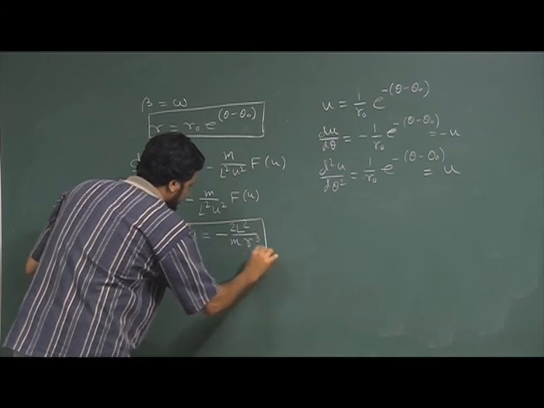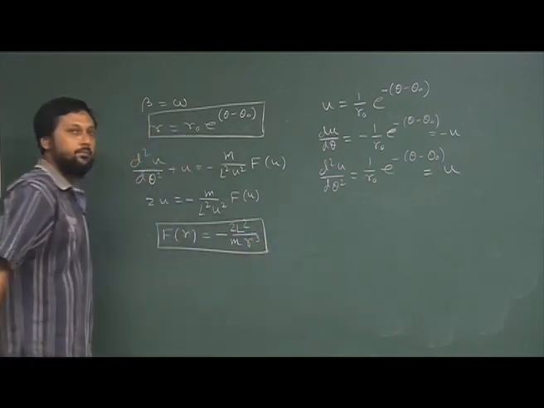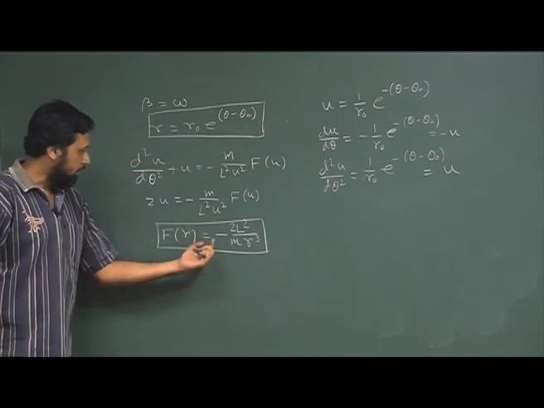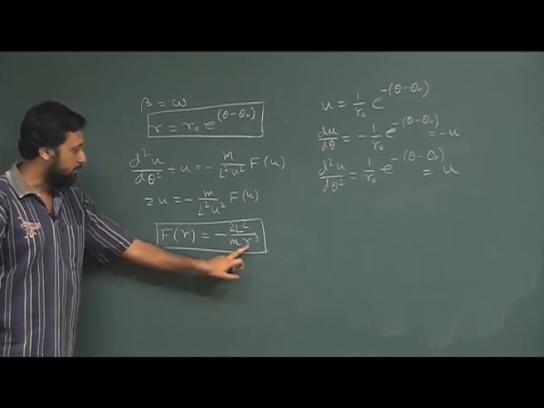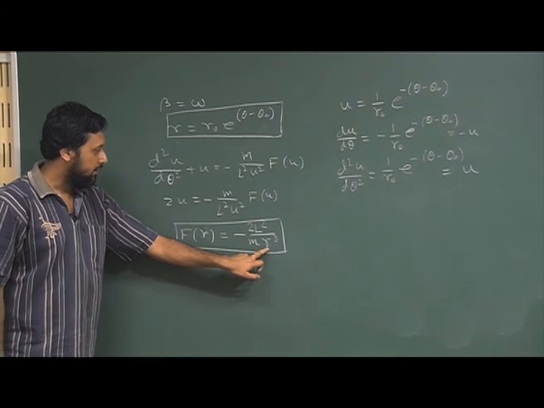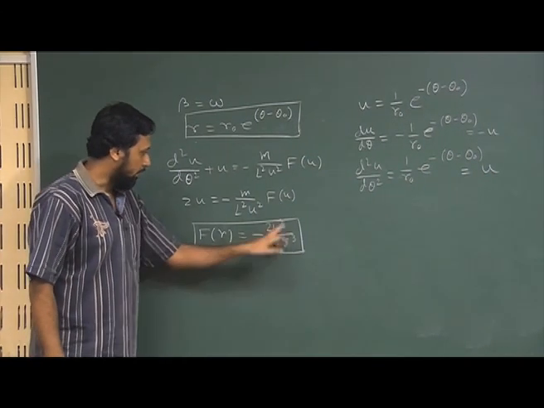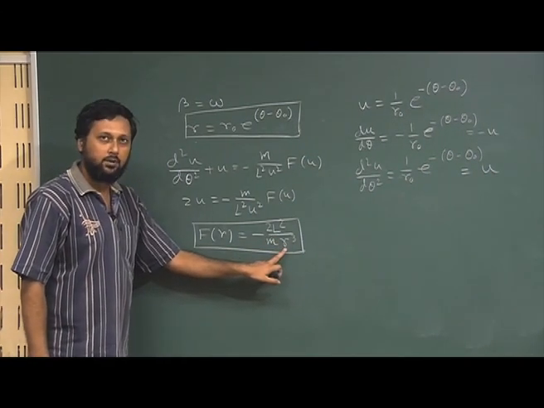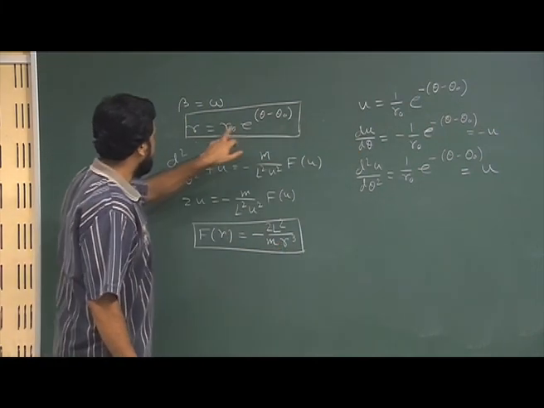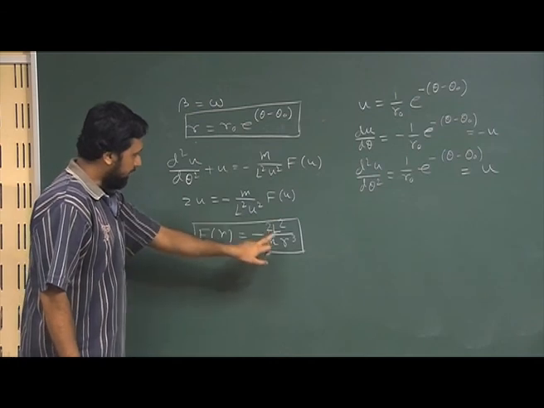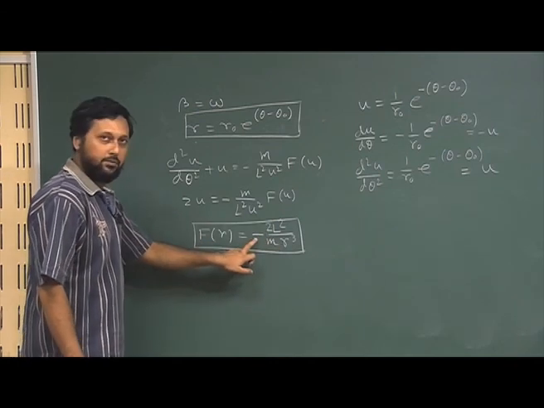So, this is the final answer. We get a force law which is attractive because there is a minus sign, and which is proportional to 1 over r cubed. So, the force which gives this type of trajectory is an inverse cube force, attractive.